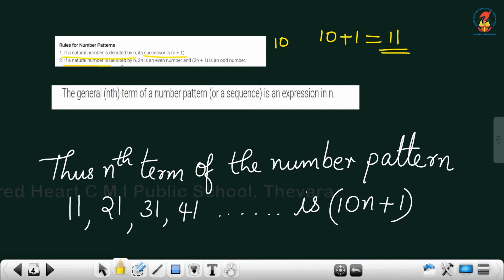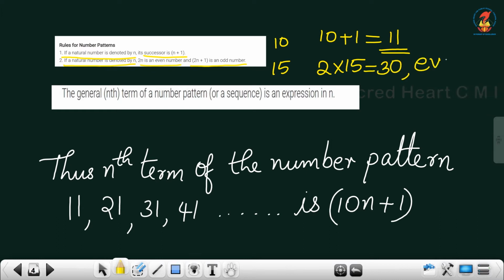Okay, now then what is the next rule? If a natural number is denoted by n, 2n is an even number and 2n plus 1 is an odd number. Just take the example 15. 15 is a natural number. What is given there in the statement? 2n is an even number. 2n means what? 2 into 15. What is the answer? 2 into 15 is 30. It's an even number.